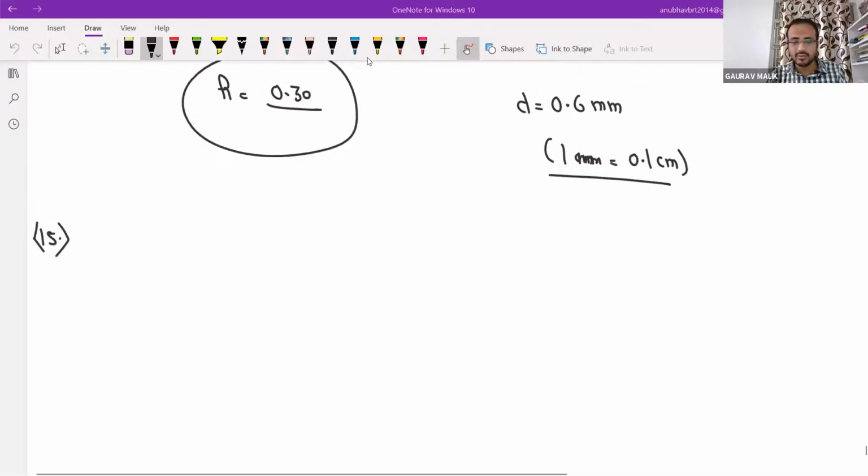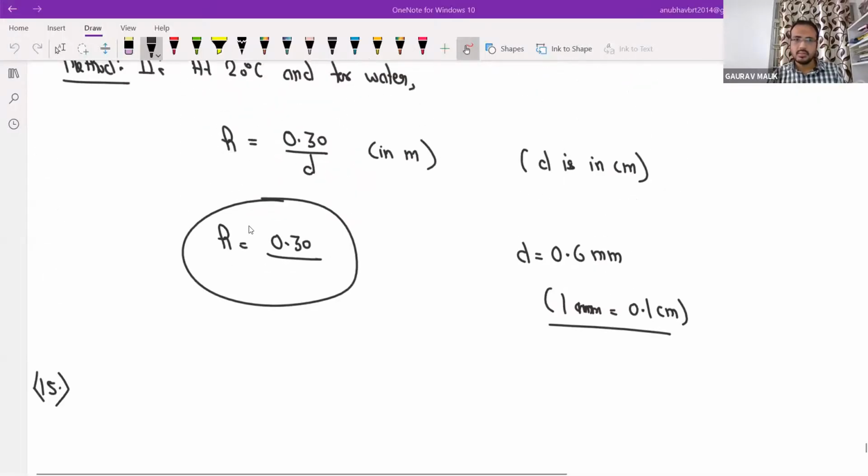I also got the right answer with the help of the wrong method. That's why I need to verify that formula. I will check it once. Don't worry, I will discuss it later.